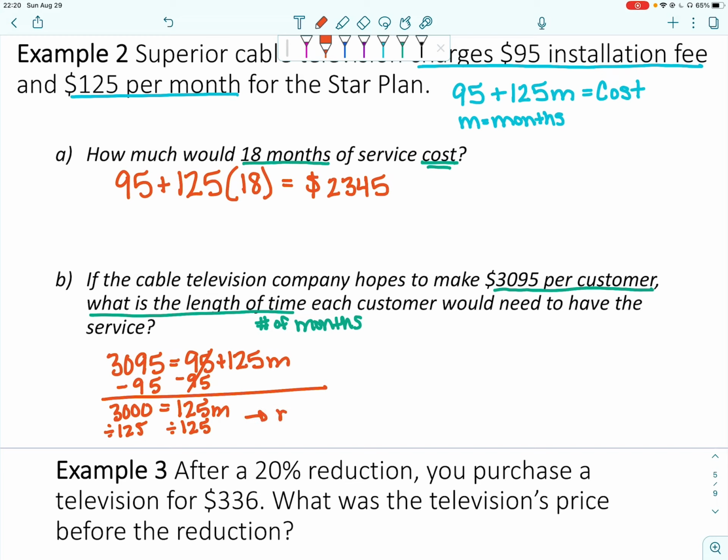And I get M equals 24. So that answer is 24 months.